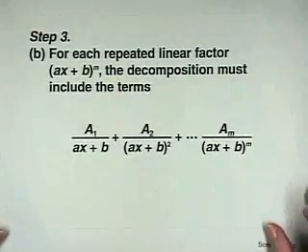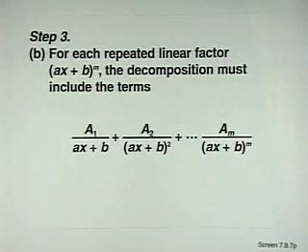What we want is for each repeated linear factor of the form ax plus b to the nth power, the decomposition must include the terms A sub 1 over ax plus b plus A sub 2 over ax plus b squared, and so on. In other words, for every power of that linear factor, we're going to have a separate fraction.